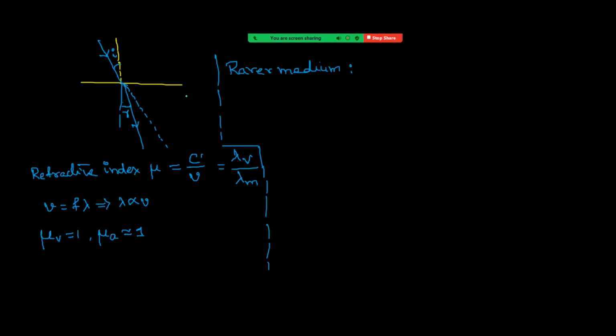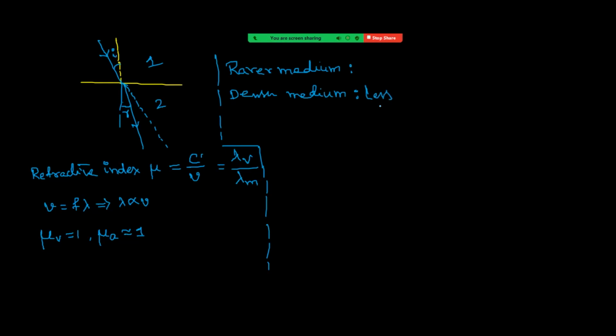So when we compare two media, suppose medium 1, medium 2, suppose speed is less now in this medium compared to this one. When speed is less, that is called denser medium, in which medium speed is relatively less.